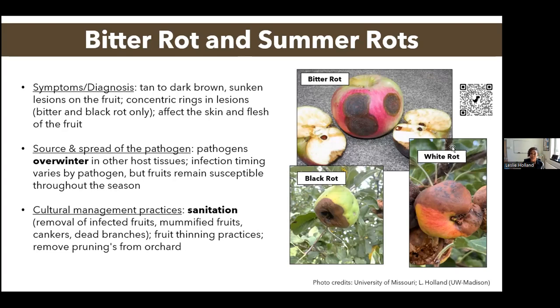In fact, sometimes for some of these pathogens, especially black rot in particular, this fungus will form on dead or dying branches that previously had fire blight infection. So it's really that sanitation is going to be really critical to management. Fruit thinning practices specifically will help reduce that conducive environment. And then removing any prunings from the orchard is also going to reduce the amount of inoculum that's very close to those healthy tissues that we don't want infected.